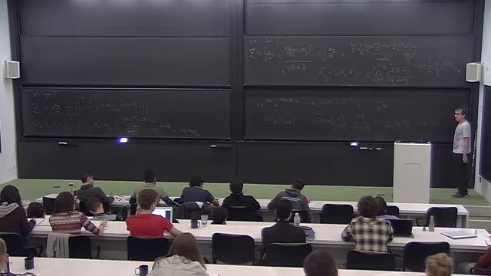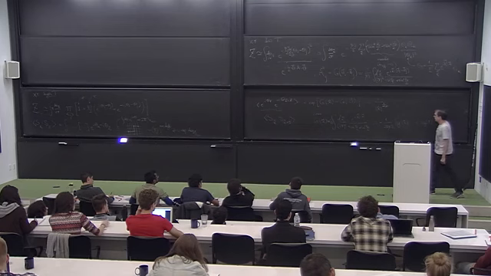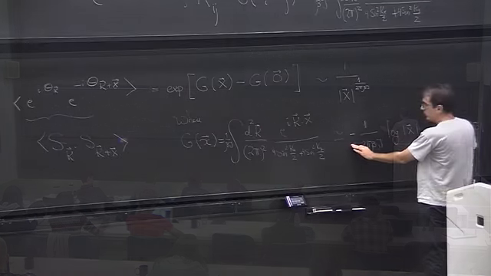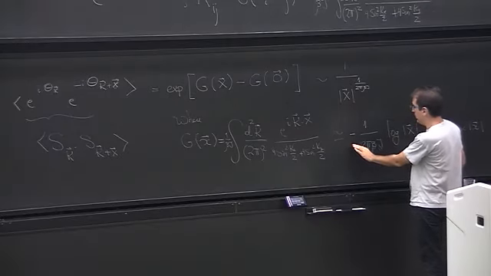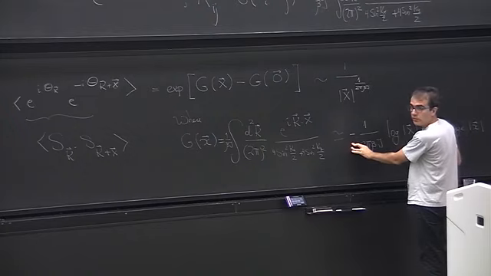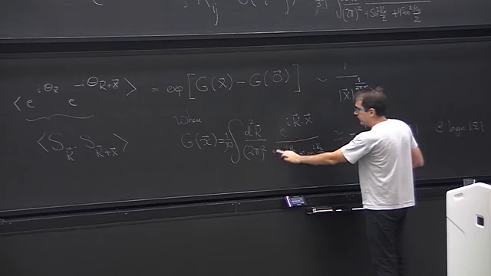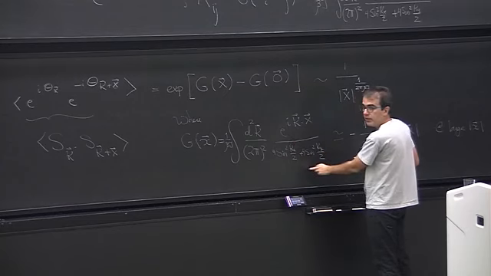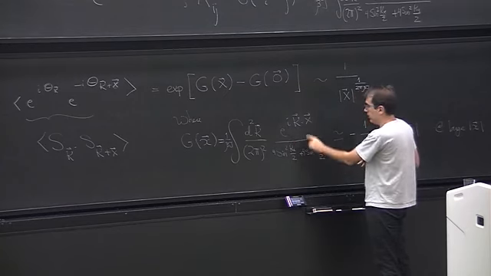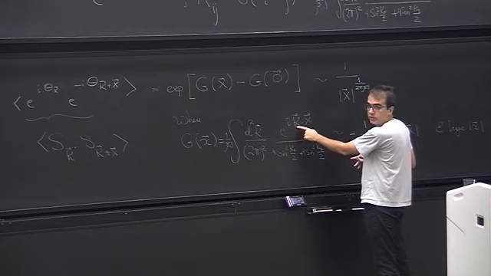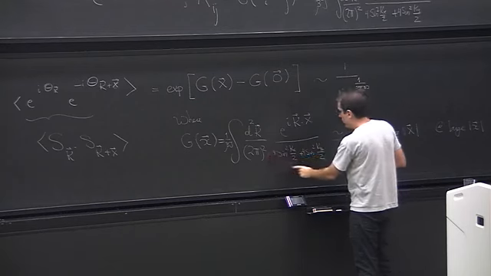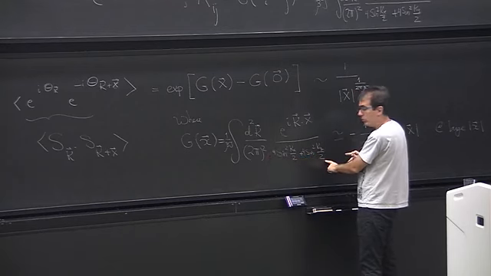Sorry. Yes. Where can we see that behavior at large x? So at large x, we are going to see it in detail soon. But you also saw it probably in one of the tutorials. One way of seeing it is you can analyze the small k behavior of this integral, because when x is large, k needs to be very small. Now this goes like 1 over k squared at small k, right?